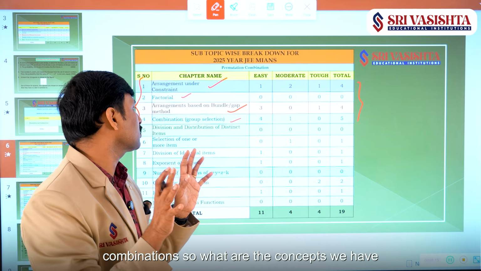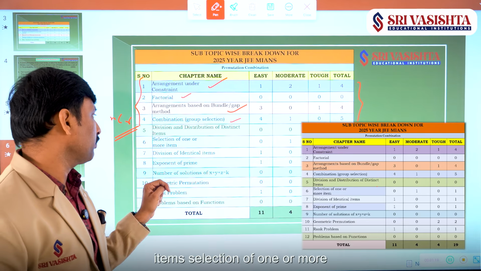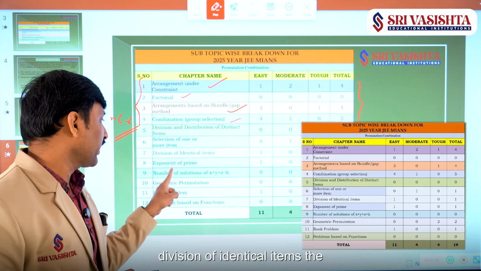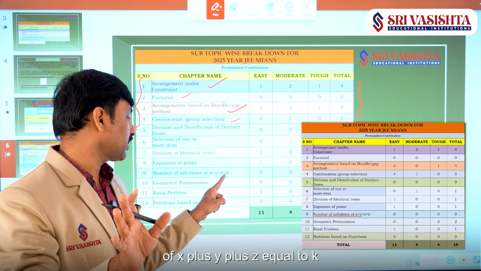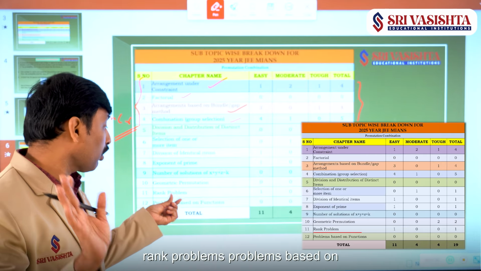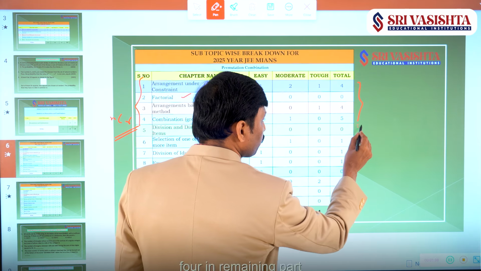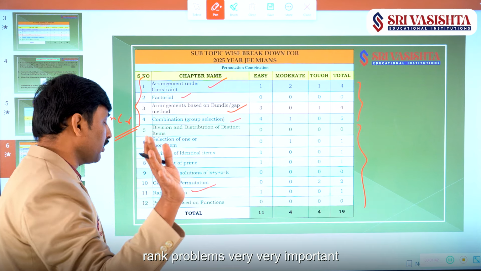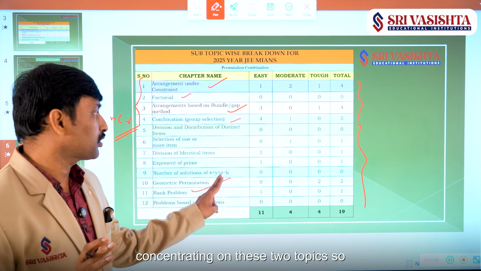In combinations, the concepts are division and distribution of distinct items, selection of one or more, division of identical items, exponent of prime, number of solutions of x plus y plus z equal to k, geometric permutations, and rank problems based on functions. Except these 4, in the remaining part, rank problems and geometric permutations are very, very important. They are concentrating on these 2 topics.